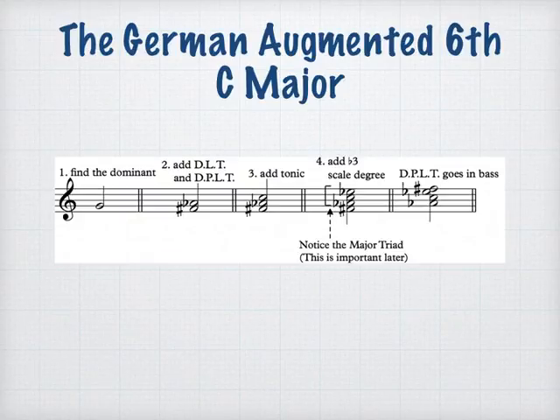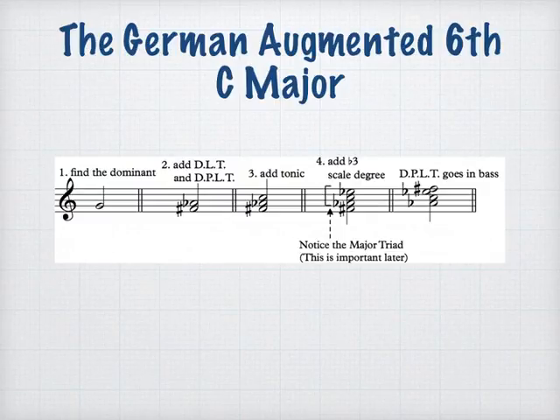Notice when you add the lower third scale degree that the upper three notes, starting with the A flat, or the Phrygian leading tone, build a major triad: A flat, C, E flat.